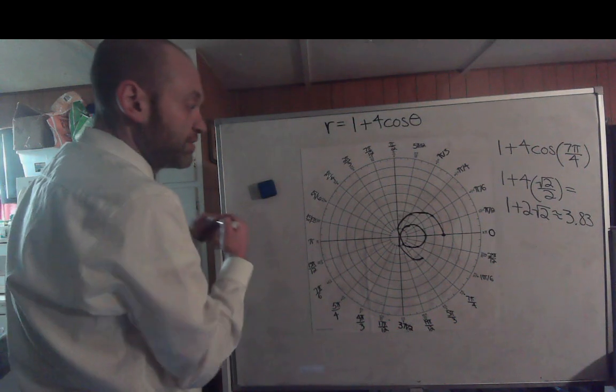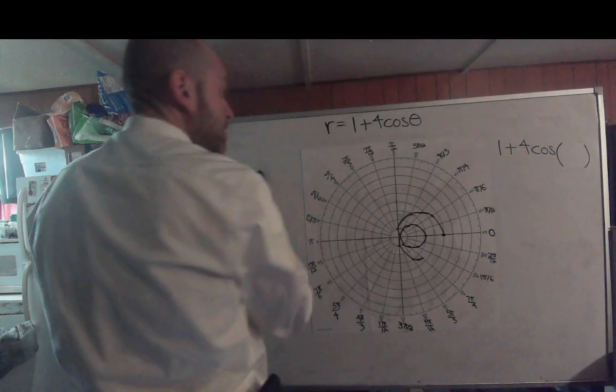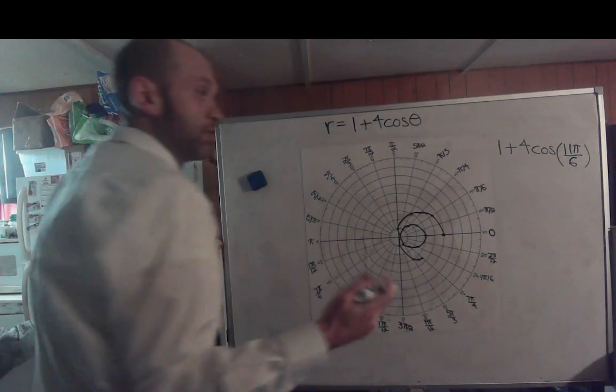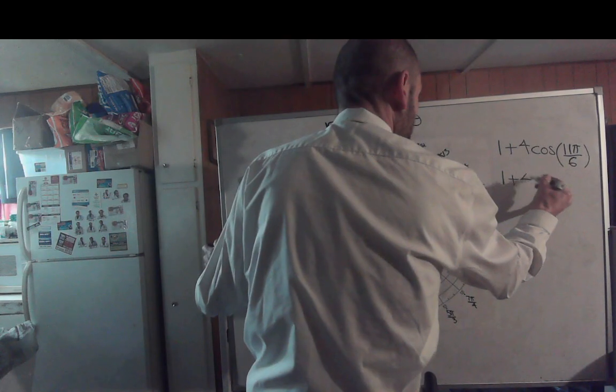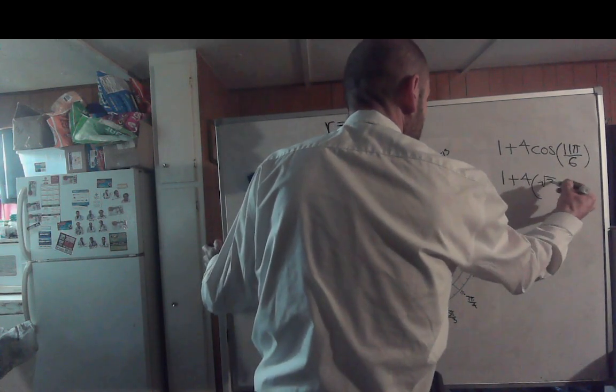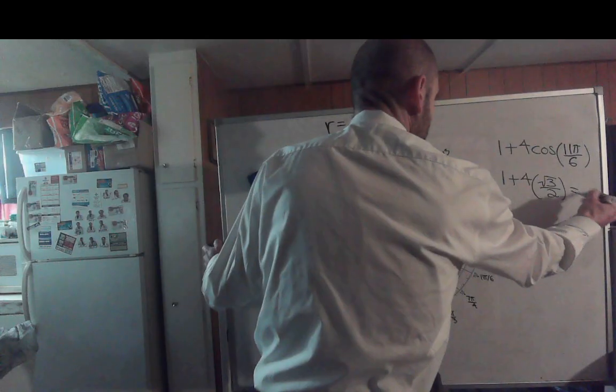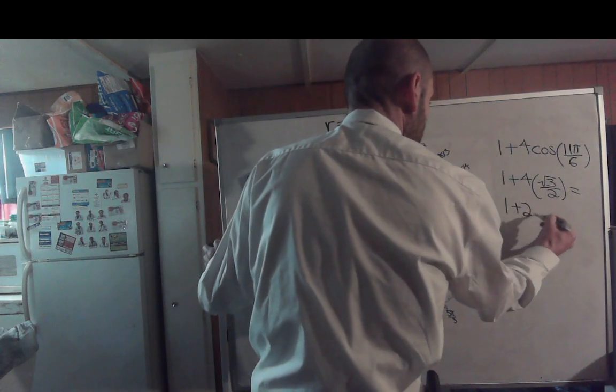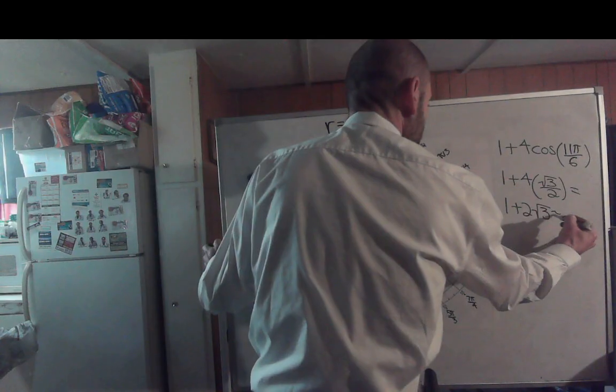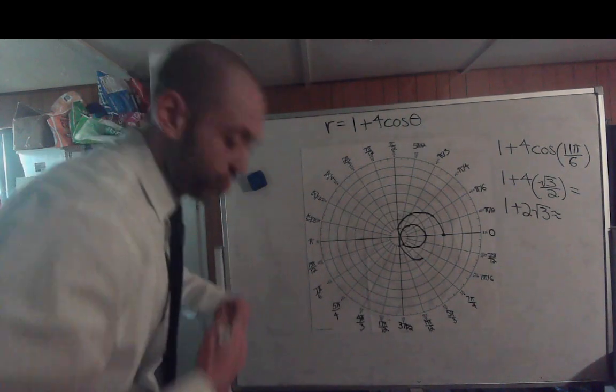Next we have 11 pi over 6. What's the cosine of 11 pi over 6? Well, that's square root of 3 over 2. So this would be 1 plus 4 times the square root of 3 over 2. So that would equal 1 plus 2 times the square root of 3, and then we should be able to get a decimal approximation.